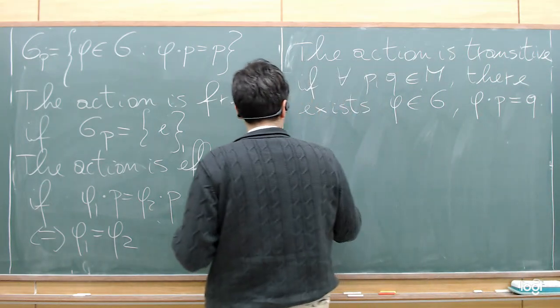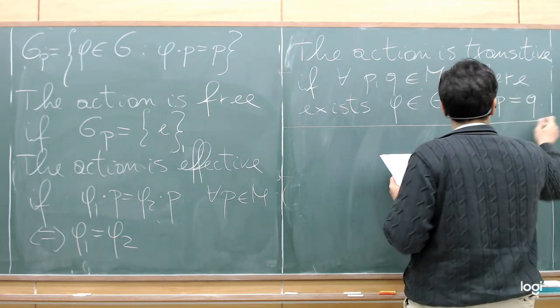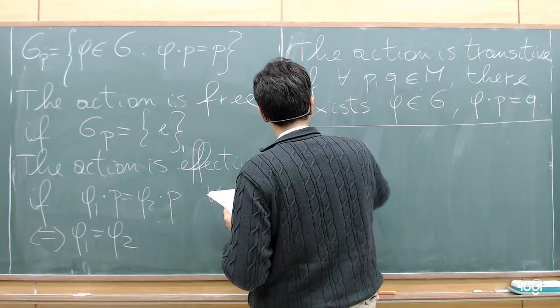Now suppose that M is a smooth manifold.